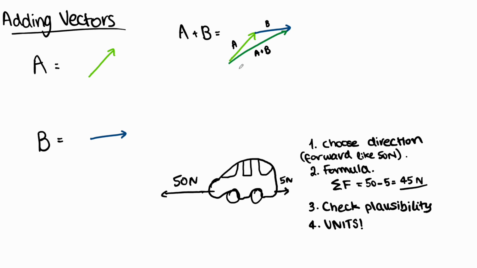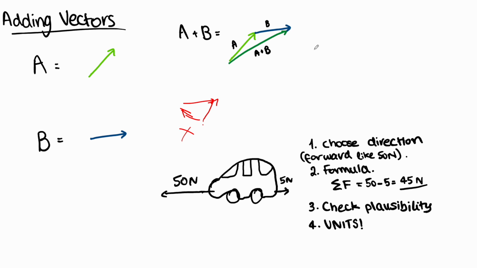You just have to make sure that you draw an arrow and then start the next one where the previous arrow finished, and do it like that rather than, for example, doing this and putting both arrows like that, because then you get a resultant vector like this, and that is wrong. So just bear in mind you draw it like this.